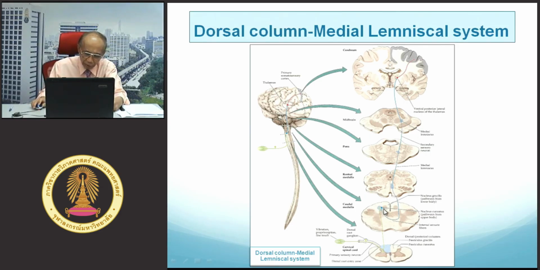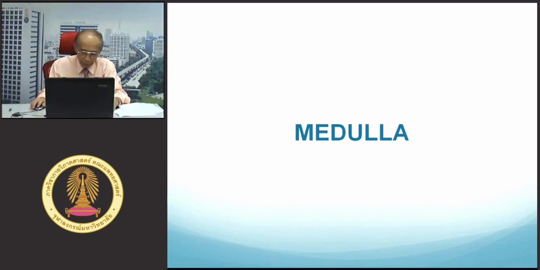The second order neuron is the nucleus cuneatus and nucleus gracilis in the medulla. Axons from these nuclei cross at the midline to the opposite side, forming the medial lemniscus, which ascends along the whole length of the brainstem to the thalamus. Then it gives off the sensory radiation to the primary somatosensory cortex.